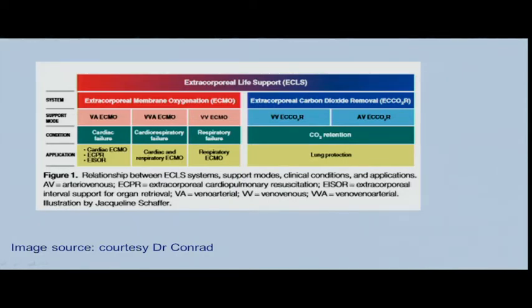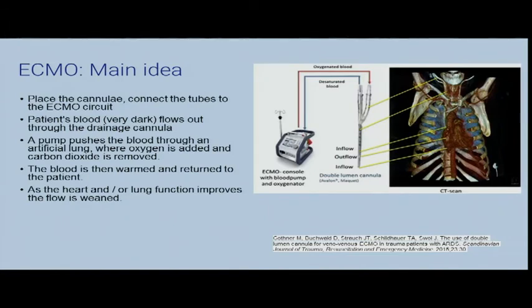If I move to the next slide, the main idea of ECMO is that you place a cannula in the patient, and you connect the tubes to the device, to the circuit, which first removes the carbon dioxide and oxygenates the blood.